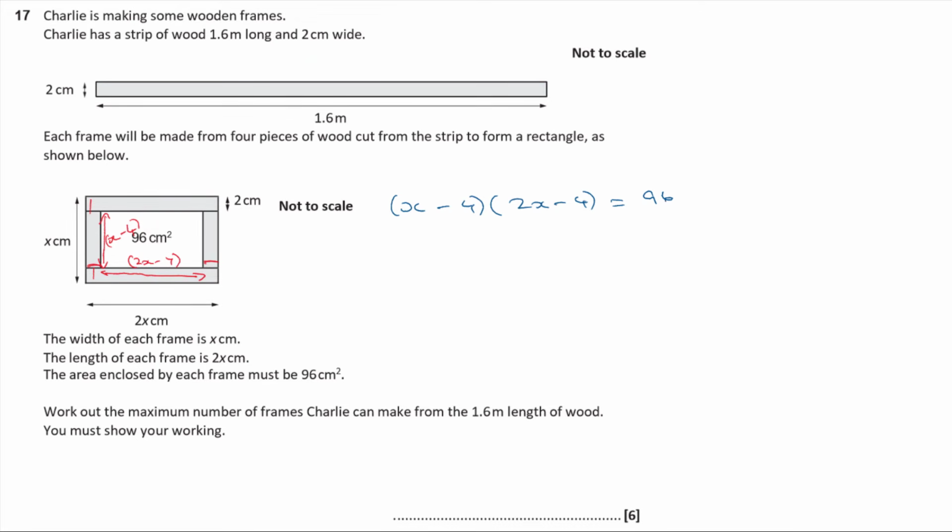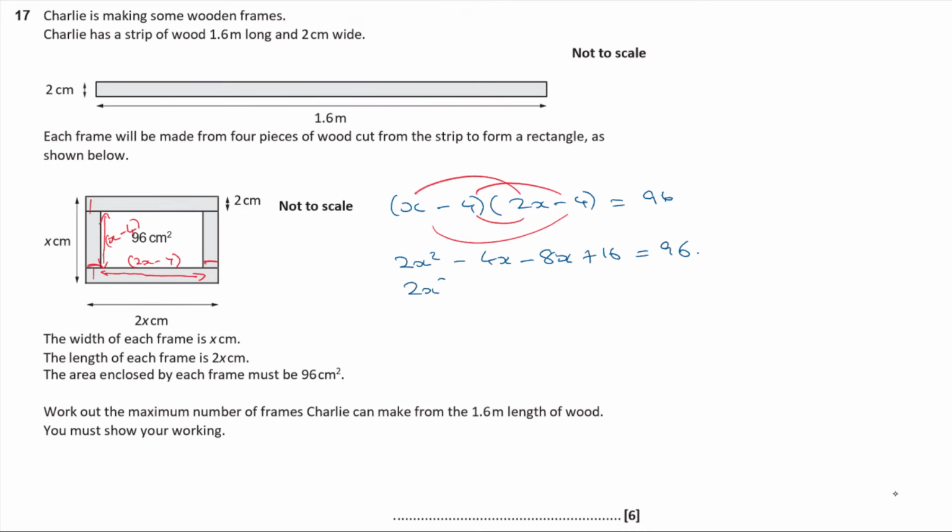Now I want to solve this and work out what x is. So I think what I'm going to do is multiply it all out first and see if I can reform it into another quadratic that I can solve. Okay, so just doing FOIL on here, first, outside, inside, last. I'm going to get 2x squared minus 4x minus 8x plus 16, and that is equal to 96.